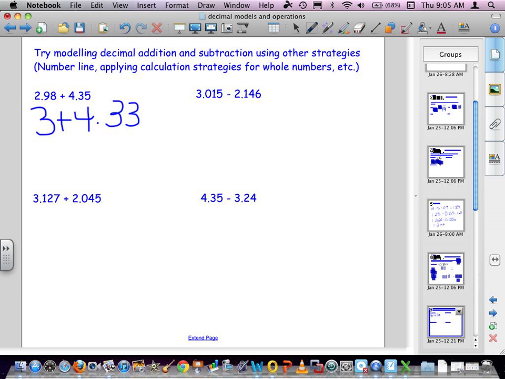I could make this 3 plus 4 and 33/100ths, couldn't I? And now it's the answer. Isn't that a sweet thing? Okay? So those mental math strategies that we learned for whole numbers, if we understand place value, work for decimals too, right?